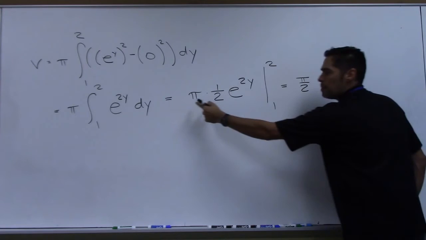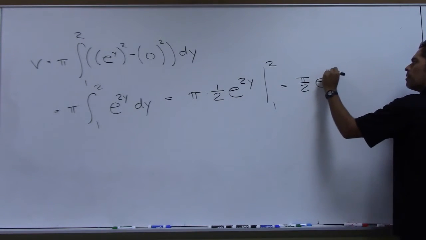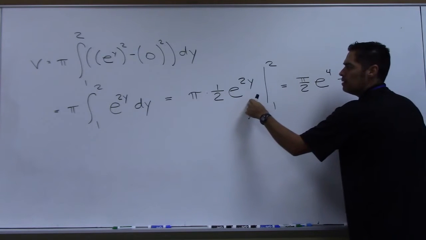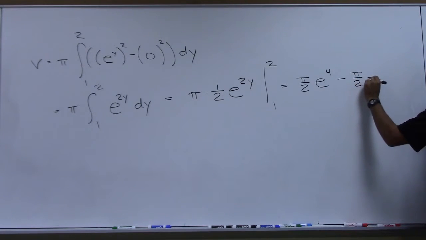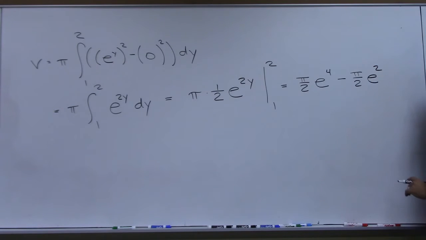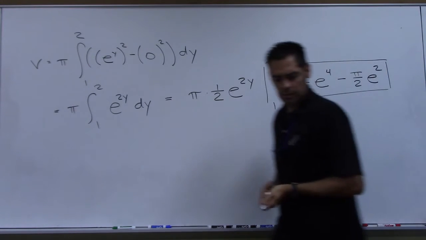Pi over 2, the same as pi times a half, e to the 4th, minus, now plug in 1, pi over 2 e squared. It's good enough. We could get that as a decimal, but who cares?